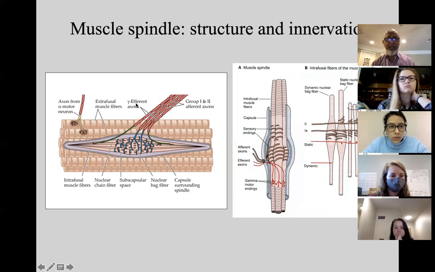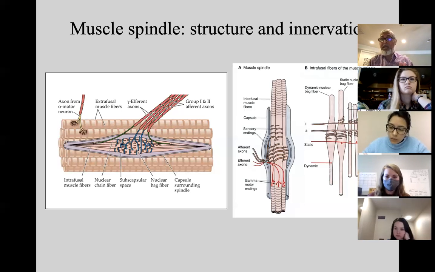When we say efferent, we mean they are going out, coming back to the muscle. Afferent are the fibers carrying sensation from the muscle to the spinal cord. Are you clear about efferent and afferent, those terms? Afferent is the signal carried from the nerve to the spinal cord or to the brain. We call them afferent or ascending.